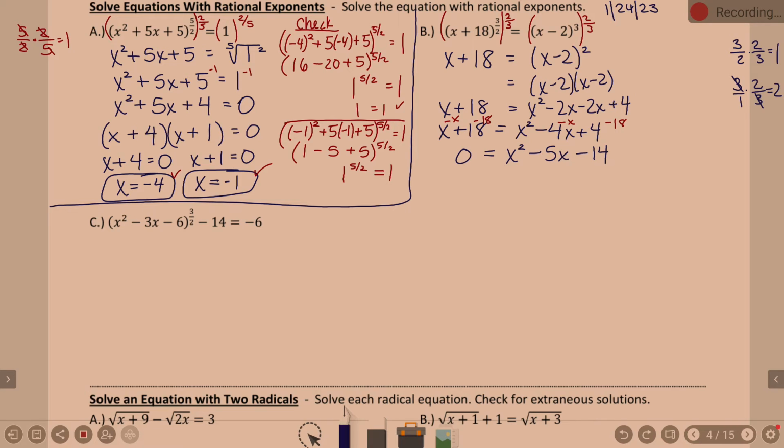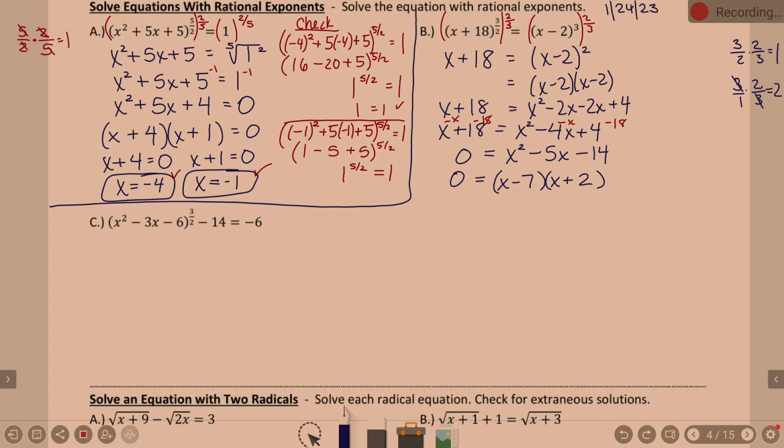And we need to factor. All right. x squared is x and x. What about my numbers? Minus 7 plus 2. Multiplying to be negative 14, adding to be negative 5.